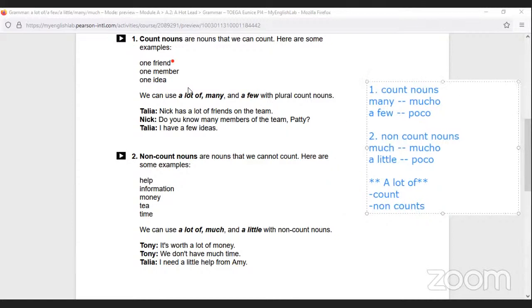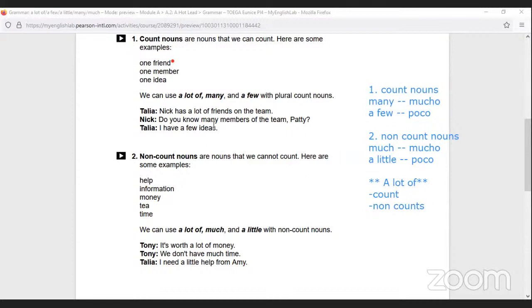So here we will see some examples because we can use these countables and non-countables in questions, in affirmative sentences, and negative sentences. For example, here, count nouns. With a lot of, we said that we use it with both. A lot of means mucho, mucho de, right?